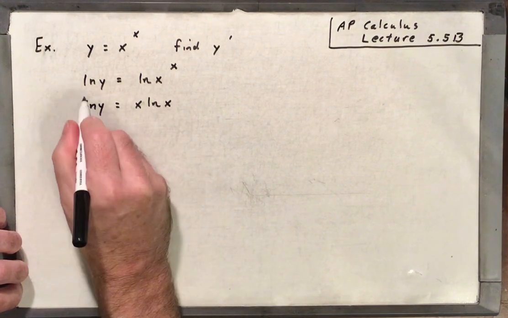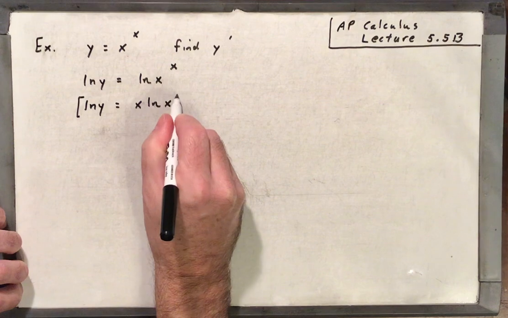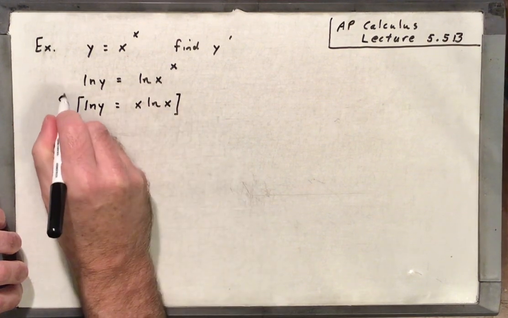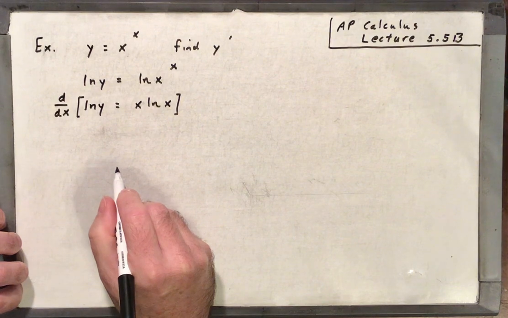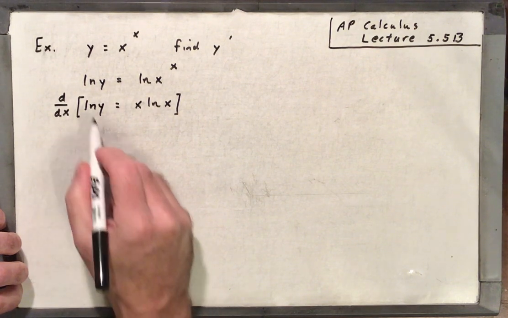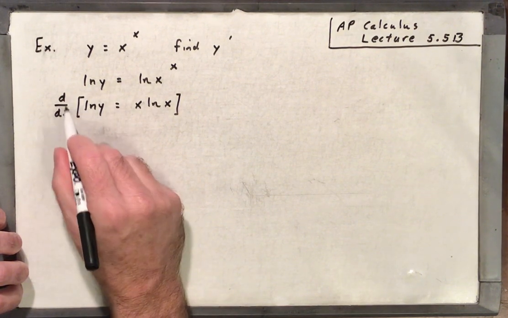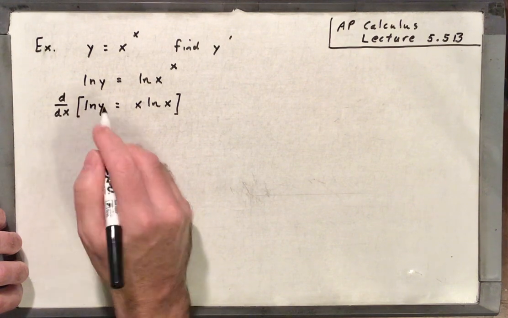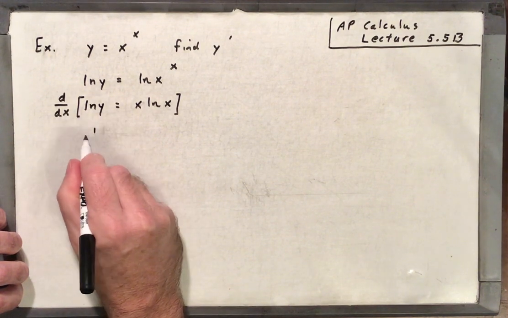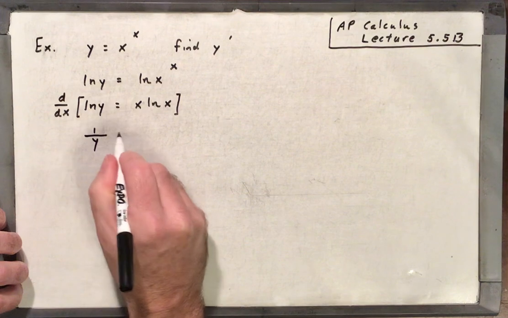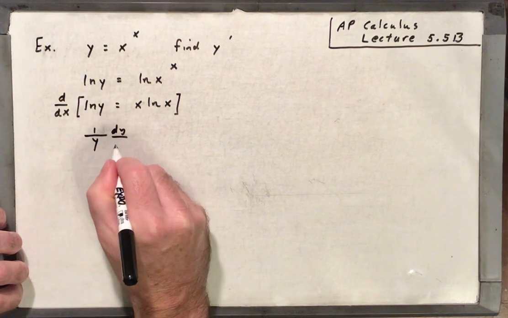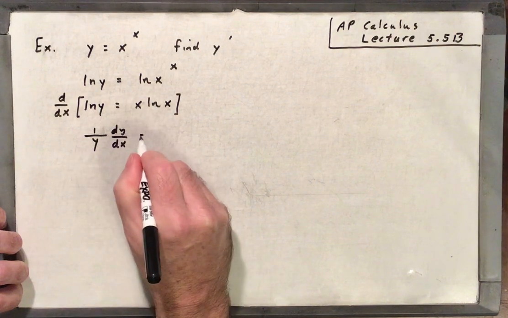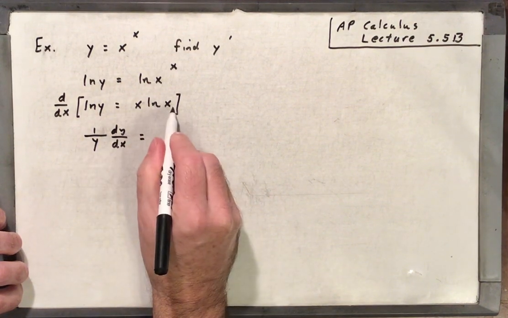And now we can differentiate both sides with respect to x, d dx. The derivative with respect to x of the natural log of y is going to be 1 over y times the derivative of y, which is dy dx. The right side of the equation is a product rule.